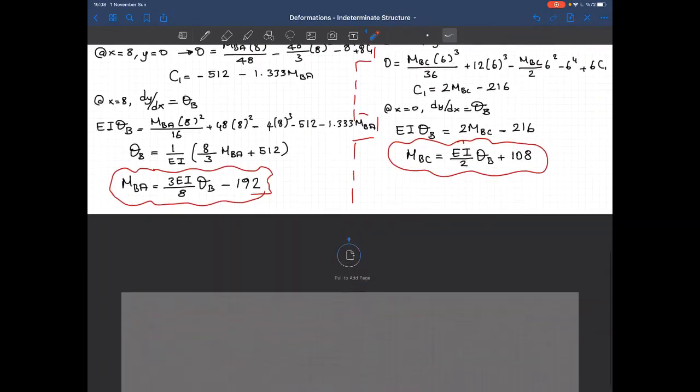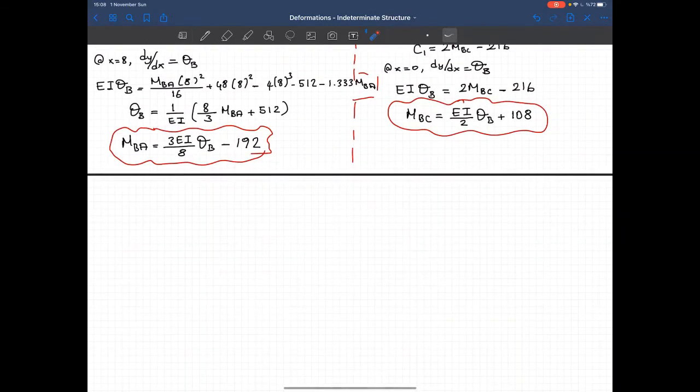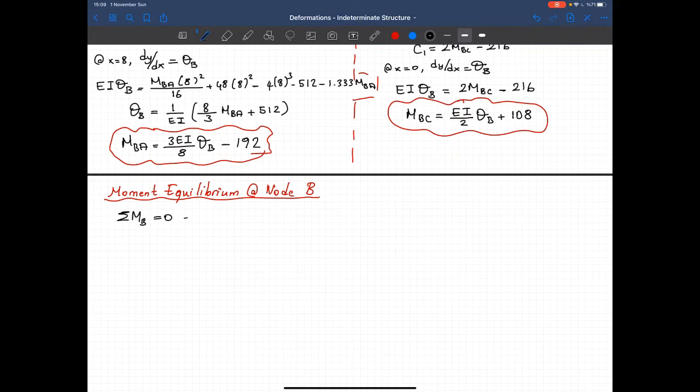So I will be writing the moment equilibrium at node B, which tells me that the sum of moments at B must be equal to 0. So M_BA plus M_BC is equal to 0.